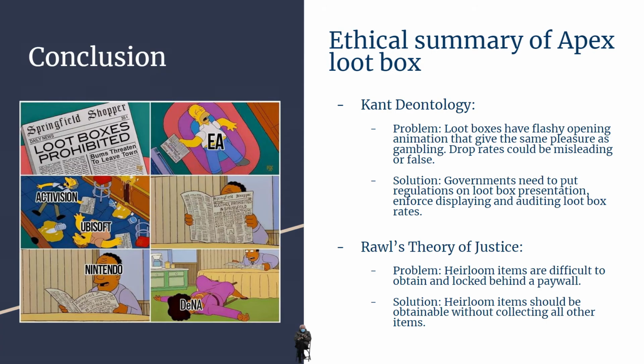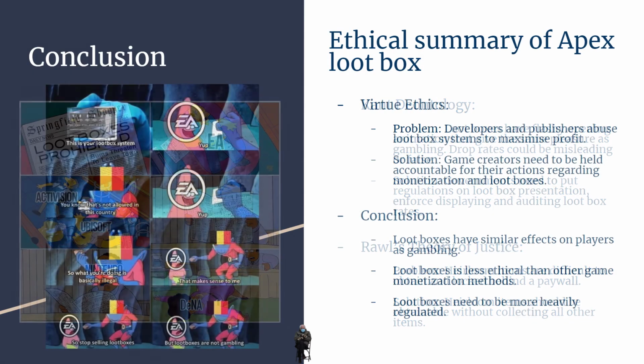Most players do not have an equal opportunity to obtain heirloom items from Apex loot boxes, which are almost impossible to obtain for regular players. Players should be able to obtain heirloom items without having to collect all other items from the loot box.